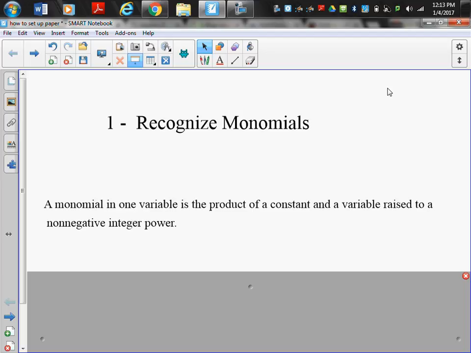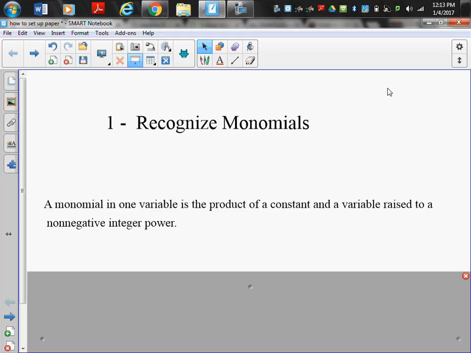A monomial is one variable, meaning it has one piece.